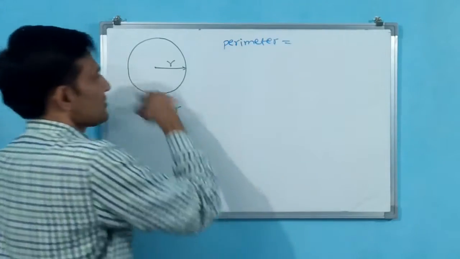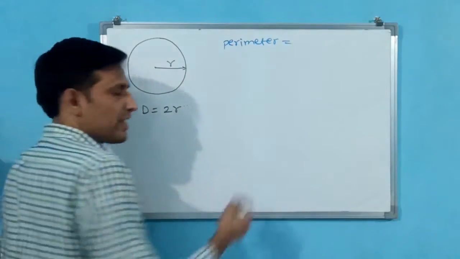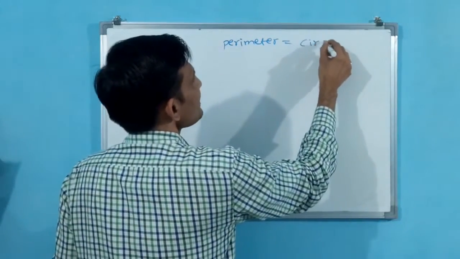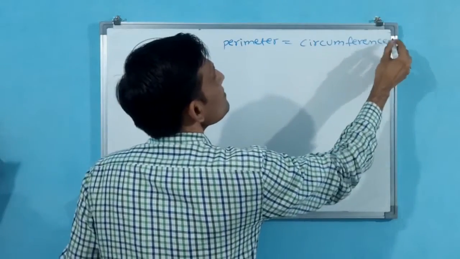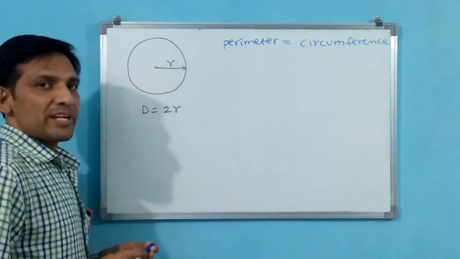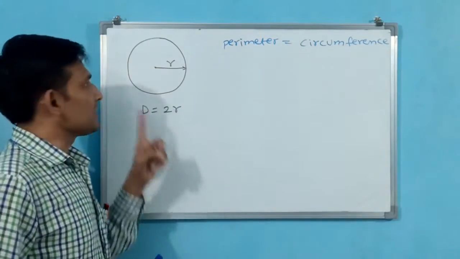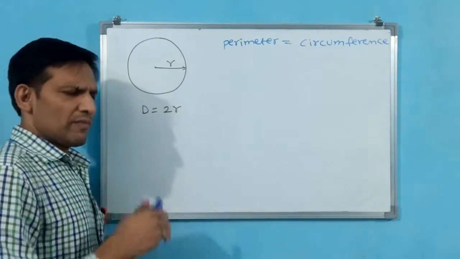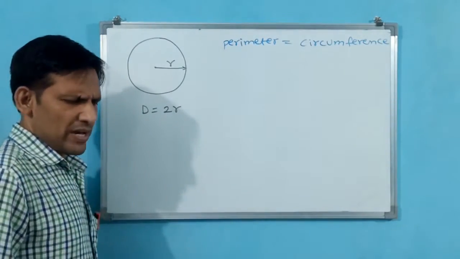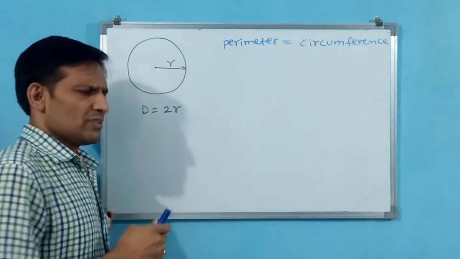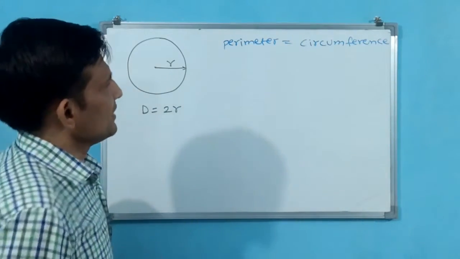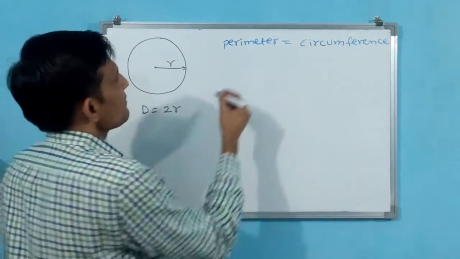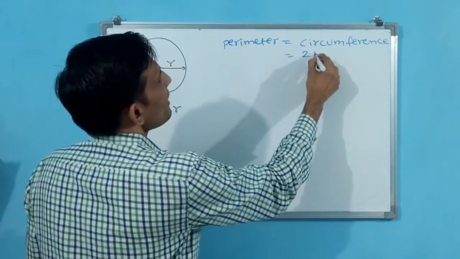For circular measuring, perimeter is called circumference. Perimeter is called circumference in a circle. For the remaining figures, triangles, squares, cubes, whatever it may be, we call it perimeter. Here circumference is equal to 2 pi r.